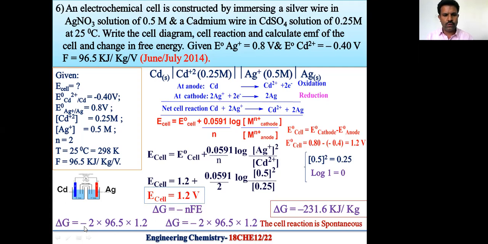So if we substitute the values, the number of moles of electrons will be equal to 2, into the given Faraday's constant value 96.5, and the EMF of the cell produced is equal to 1.2, and we will get the change in free energy equal to minus 231.6 kilojoules per mole. The delta G value is negative, hence the cell reaction is a spontaneous reaction.